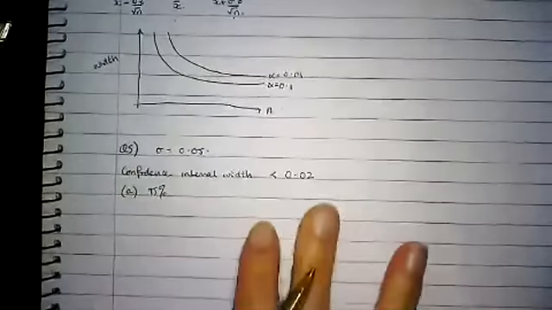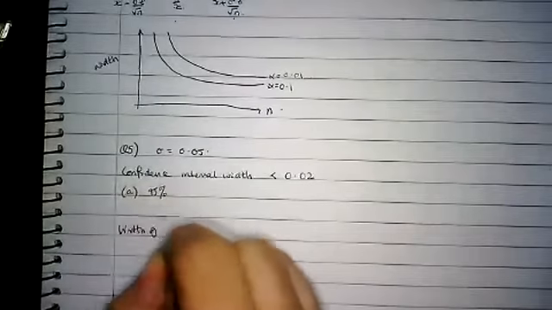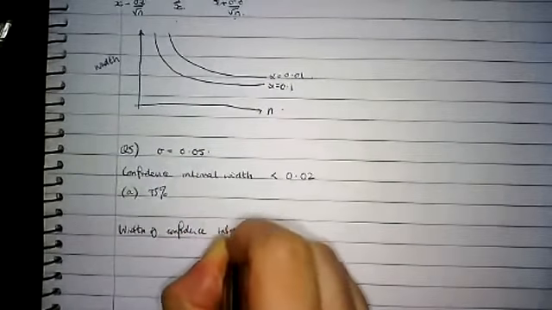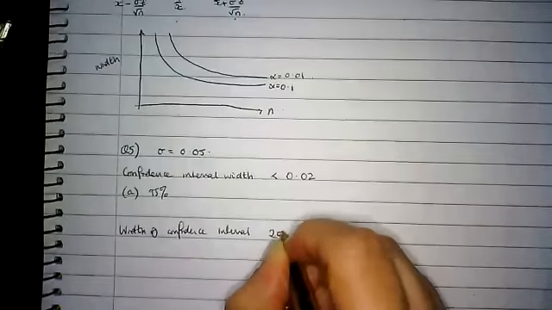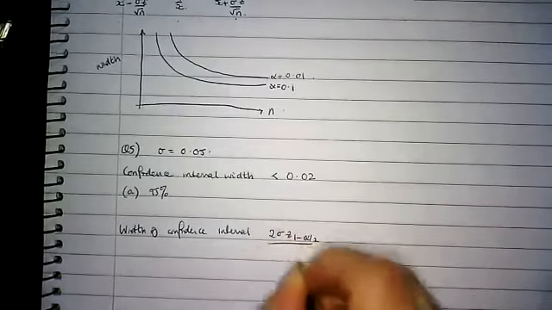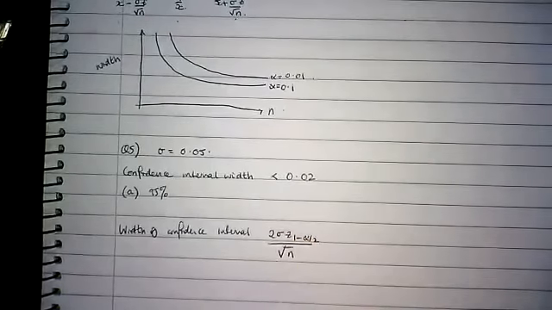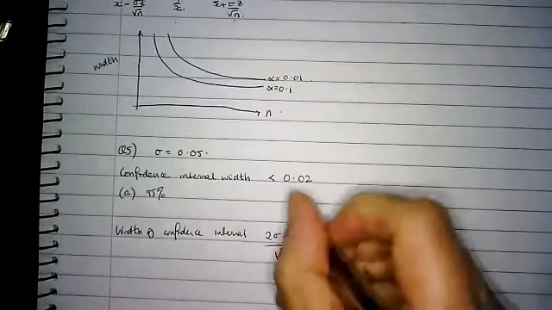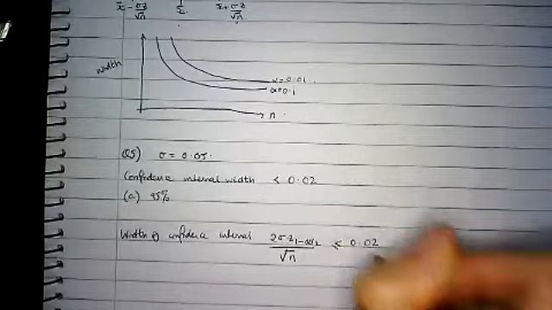The general formula for the width of the confidence interval again: 2 sigma z_{1 minus alpha/2} divided by square root of n. Now, n is what I'm looking for, and I want to make this value less than 0.02.